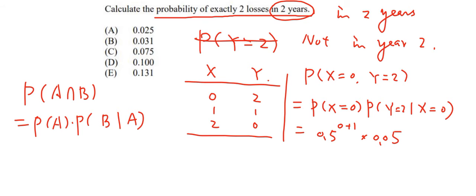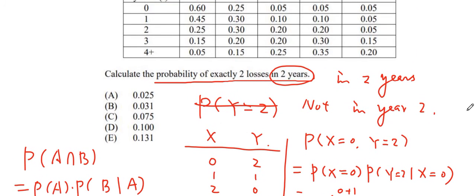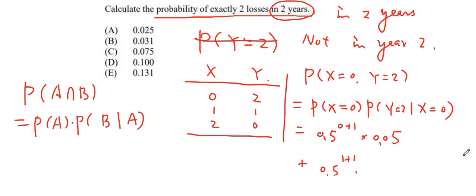Okay, and what is the probability for x equals 1, y equals 1? So x equals 1 is 0.5^(1 plus 1). Then check the probability that when x equals 1, y equals 1, given x equals 1, y equals 1, it is 0.30.